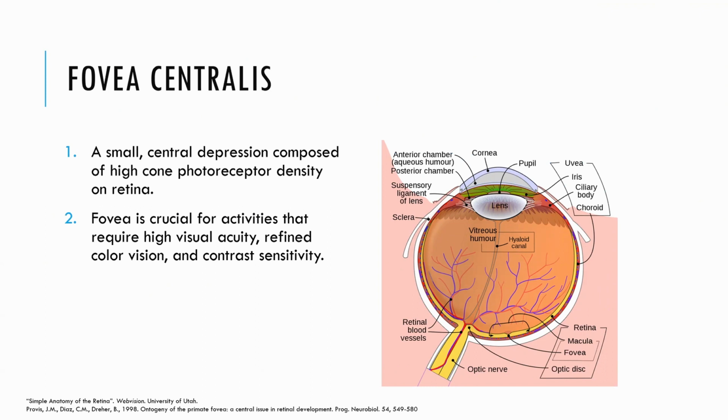Fovea is a depression at pretty much the center of the retina in our eyes, which are shown in this picture. Here, this is the fovea. And compared to the normal retina layers, fovea layers have high density of cone photoreceptors that are responsible for highest visual acuity and identification of colors.